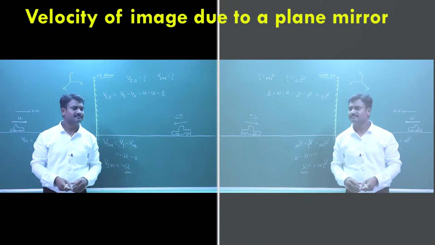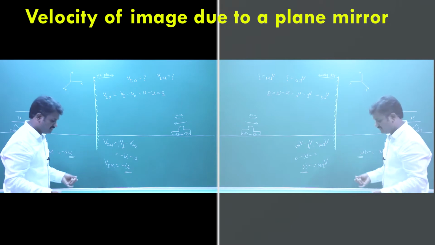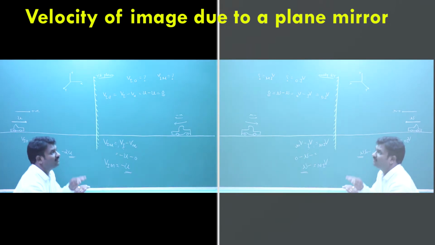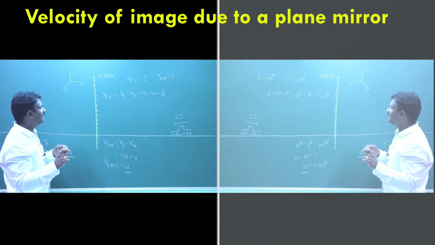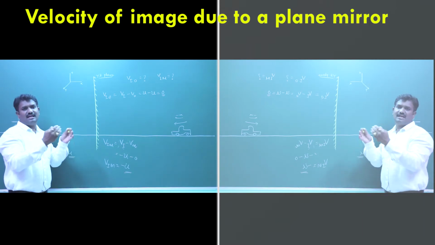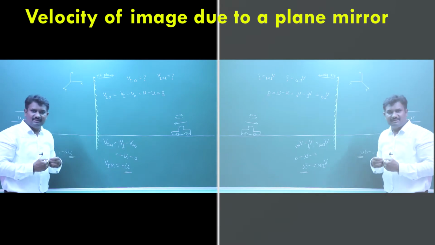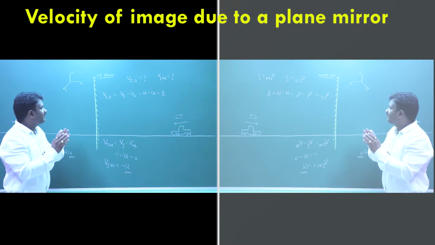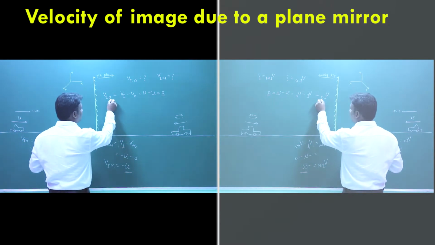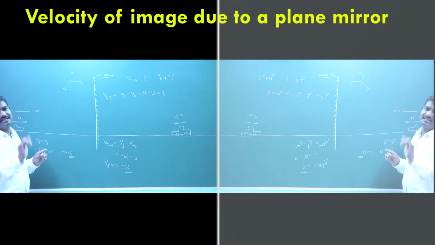Is it clear? Now, if the object is moving along the z-axis, then what happens? For example, the object is moving like this. The image is also moving in the z direction only. Then also, the image is always in front of the object. The distance between the object and the image is not changed, hence the relative velocity is 0. So, the velocity of the image with respect to the object is 0 even when the object is moving along the z-axis.